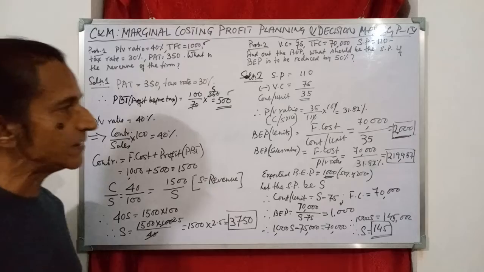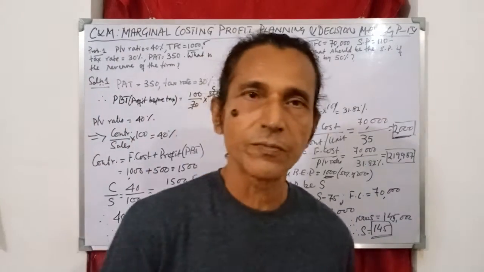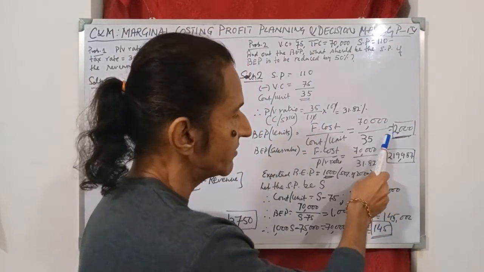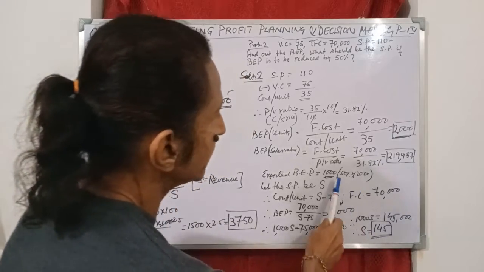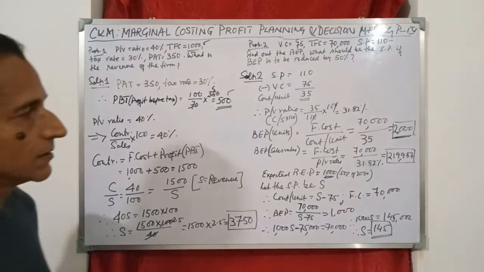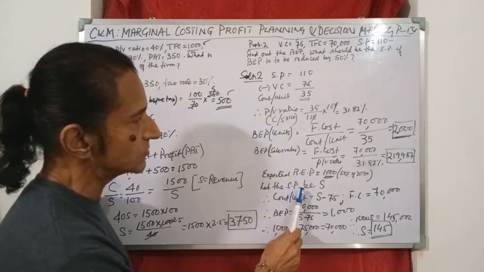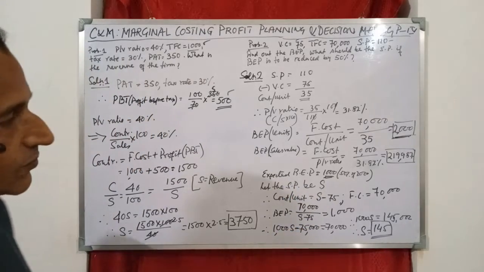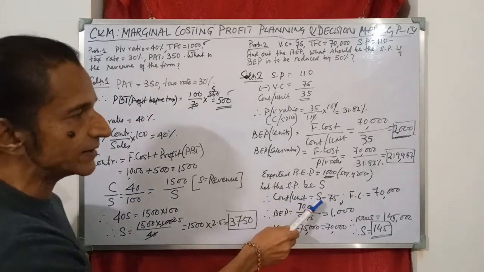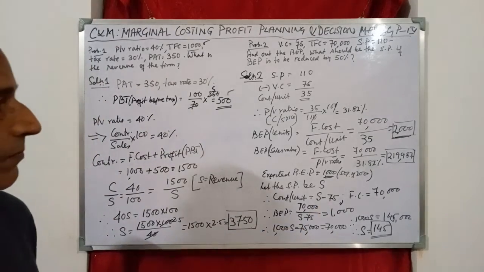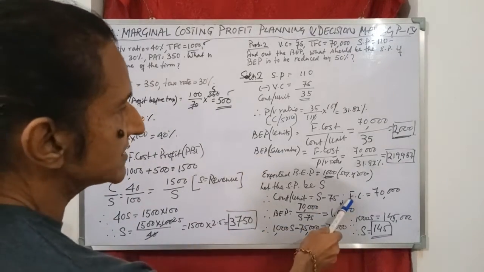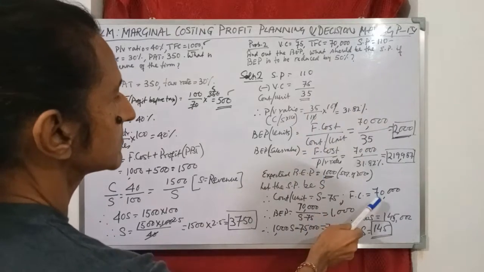Now expected BEP is 50% of current BEP, that is 50% of 2000, that is 1000. Now we have assumed the selling price per unit to be S. Therefore contribution per unit is S minus 75. Fixed cost is given as 70,000.